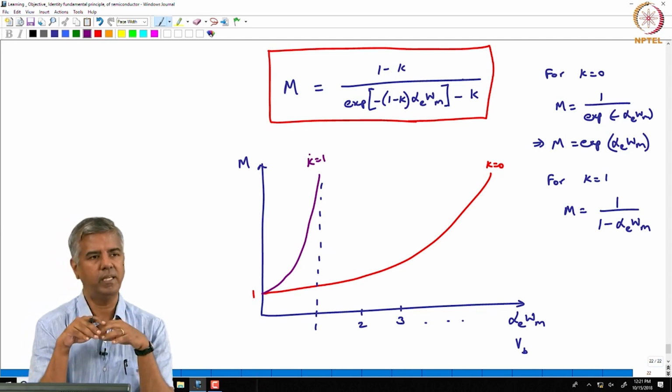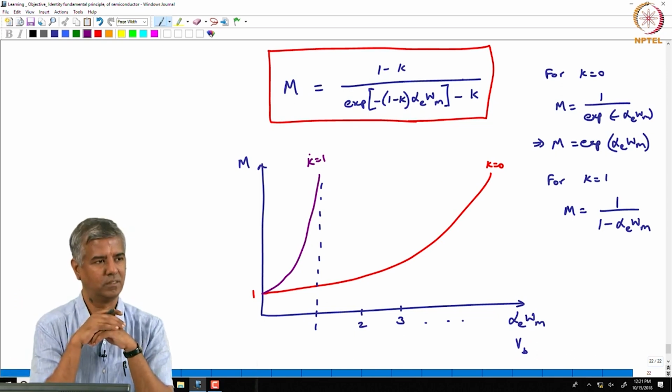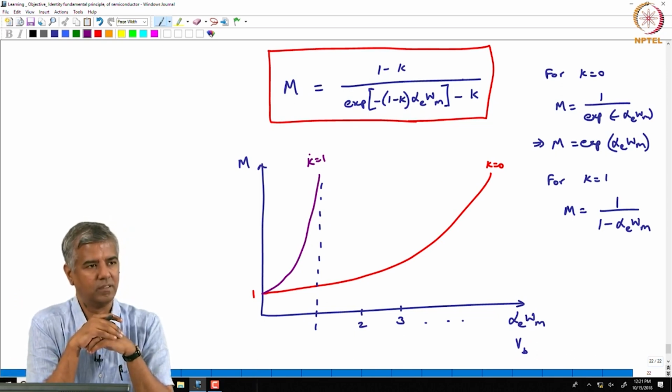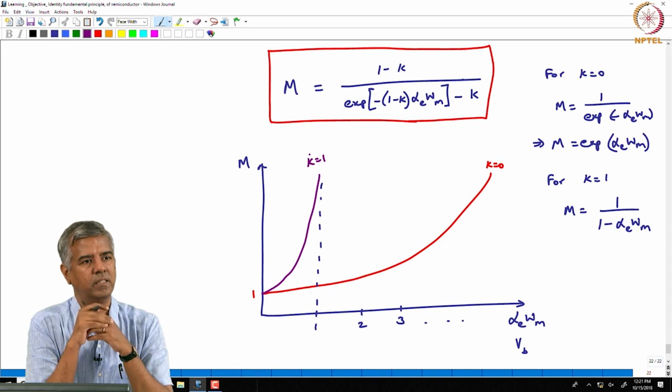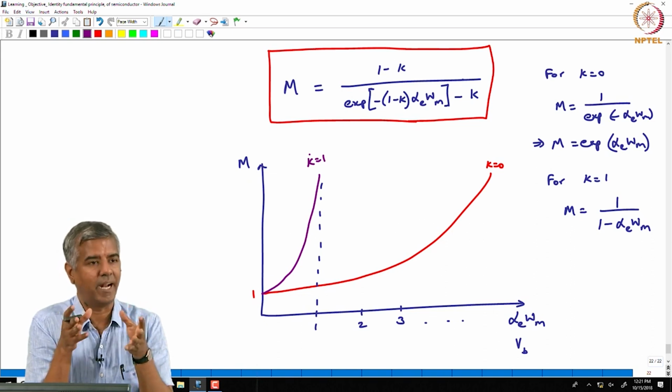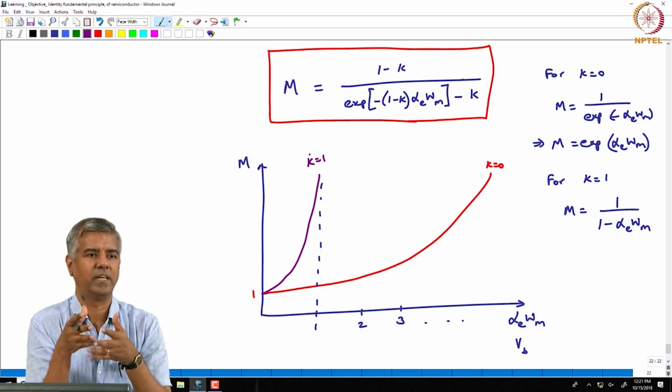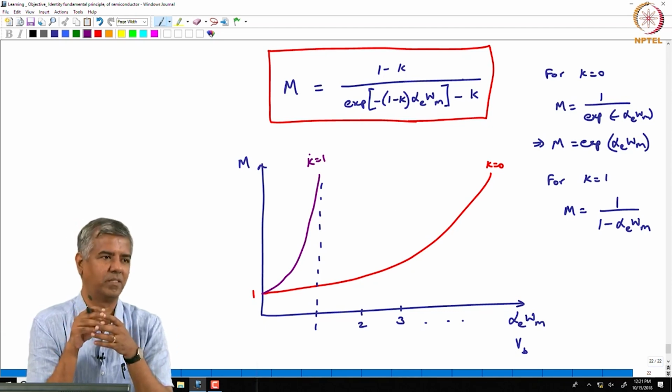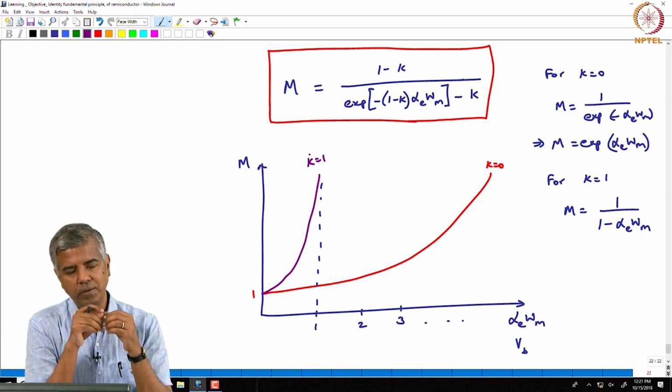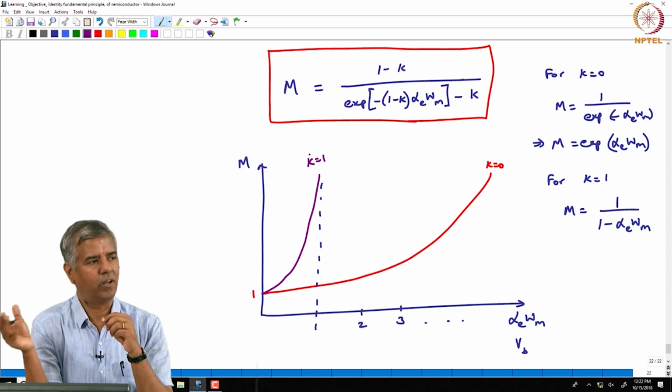So, it actually generates noise in the multiplication. But anything that is random, you can say that is going to be a noisy process, right. So, even when you do it with an electron, it is already noisy.